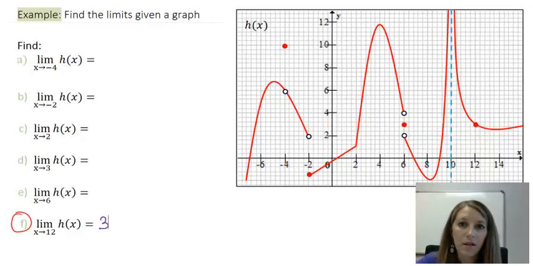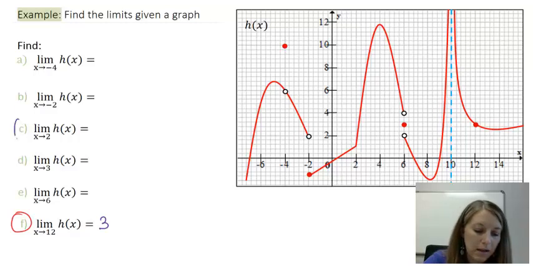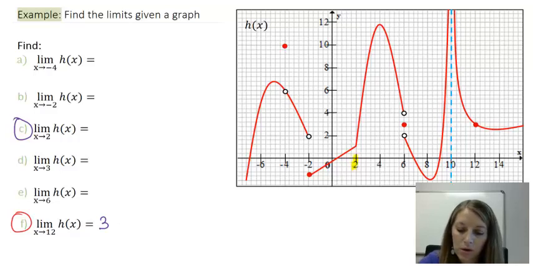And let's pick out another easy one. So my next easiest one might be C. What's happening as x is approaching 2? Again, I look at 2, my x value, as I get closer and closer to it from my right-hand side, and closer and closer to it from my left-hand side.